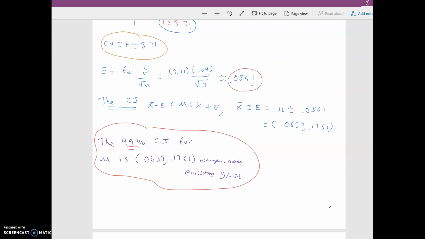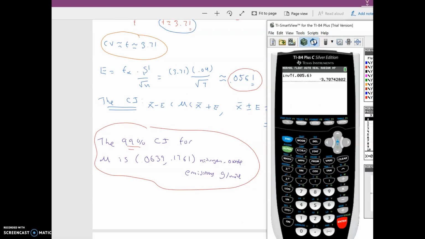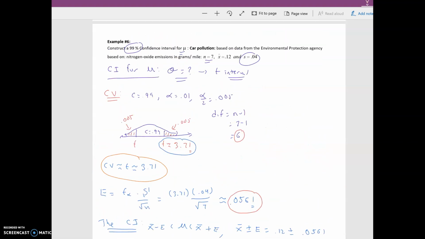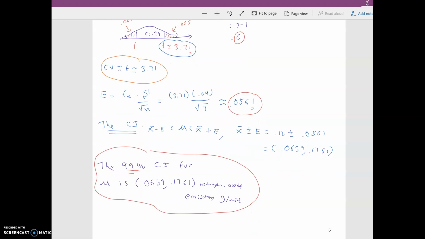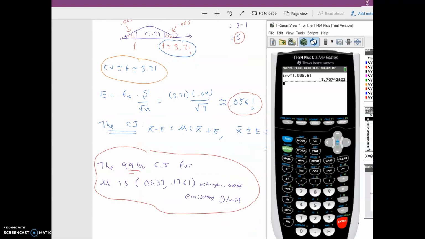Now, let me show you how to run these using the calculator. If you notice the original problem, they're not asking for the standard error or the critical value. So some of these problems on the homework, all they want you to run is the proper interval. In this case, it's going to be a t interval. So the commands would be stats.